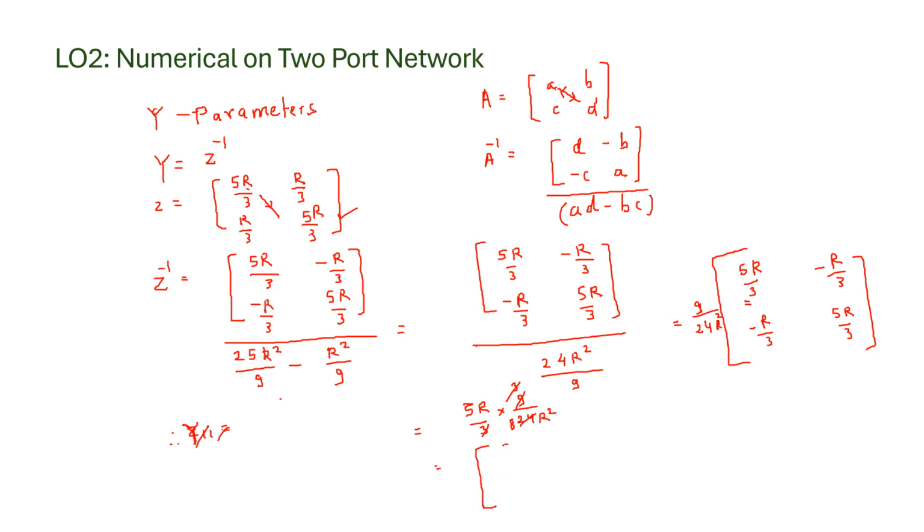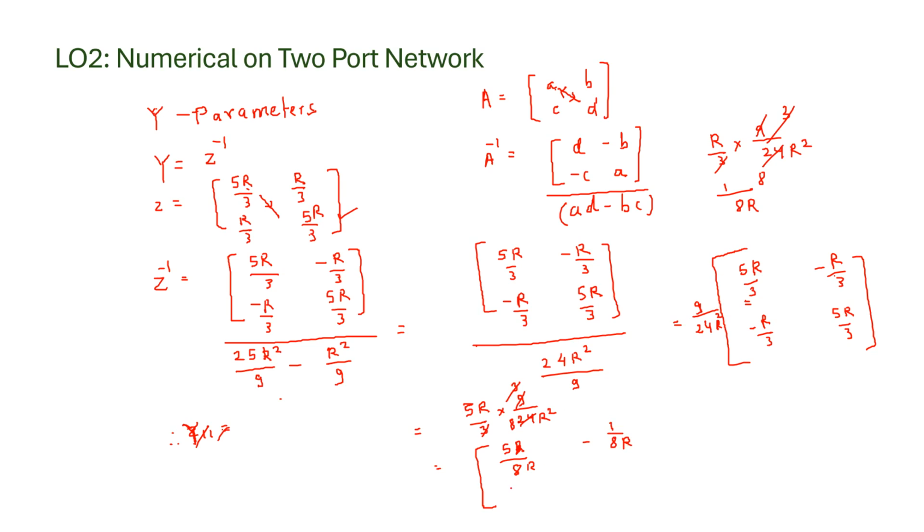Similarly, R by 3 into 9 by 24R square is 3, so you will have 1 divided by 8R.